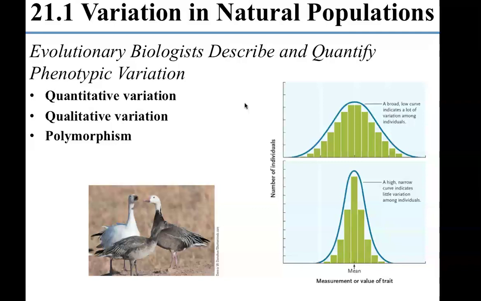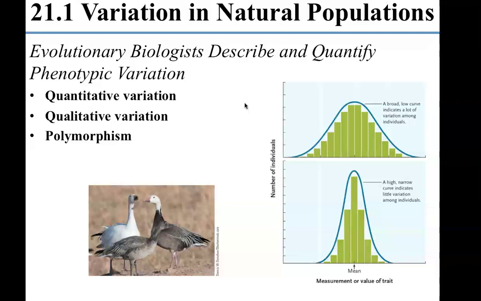So the point is, in qualitative variation, you don't get a bell-shaped curve of coloring patterns in the geese. They exist in discrete colors. They're either blue geese or they're white geese. So this is an example of qualitative variation. When this happens, we can use another term called polymorphism.